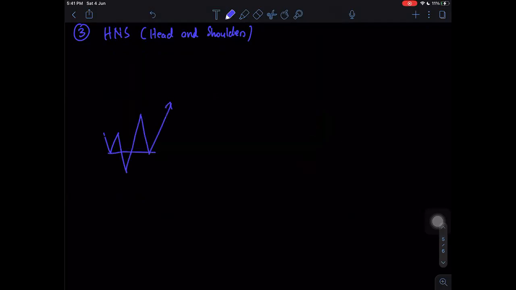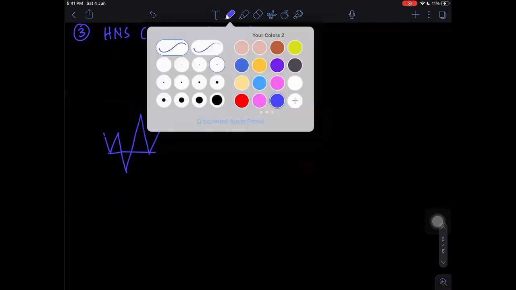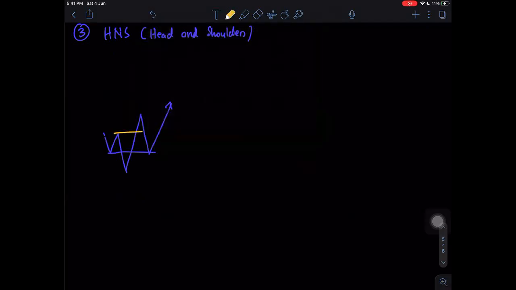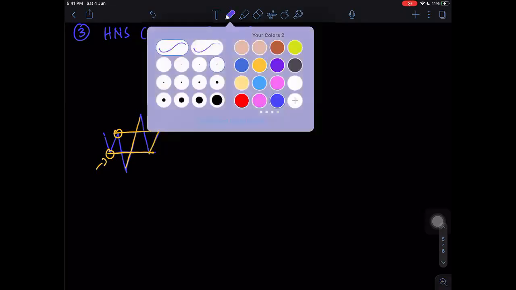What's special about this HNS is that it has to break two spots, this spot and this spot. This is what you call a proper HNS. Some people call it a Quasimodo. Some people just call it a HNS. Just make sure you use only these kinds of HNSs. It has to break those two lines, and then it returns to this line. And then it flies. Simple. And this is for the buy variation.